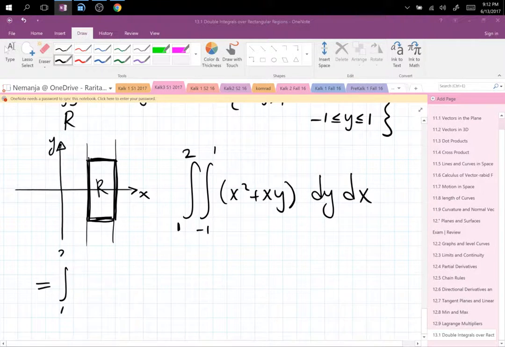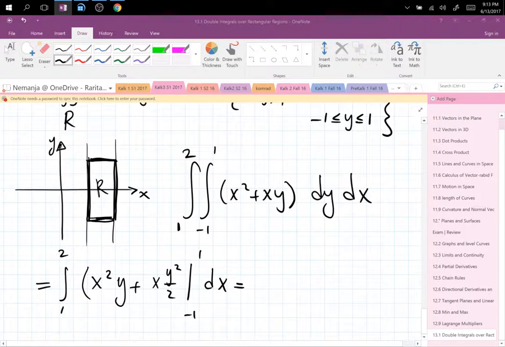Solve the inner integral first. We are integrating in respect to y. So I have x squared y plus xy squared over 2 computed from -1 to 1. Plug in 1 for every y. We get x squared plus x over 2.